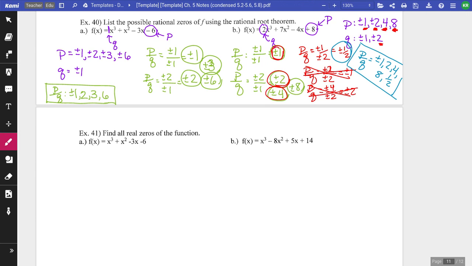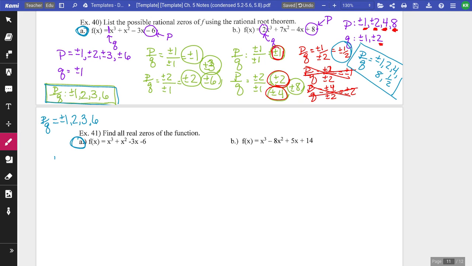This equation is the same one from the previous example, number 40. So these values of p divided by q are the ones we're going to choose from. It's kind of just a shot in the dark.